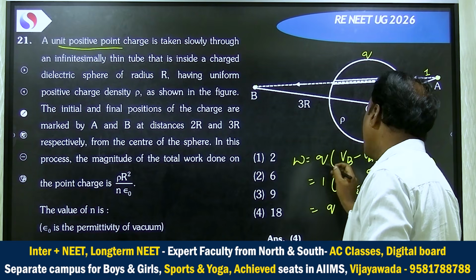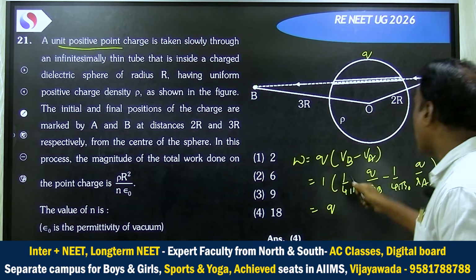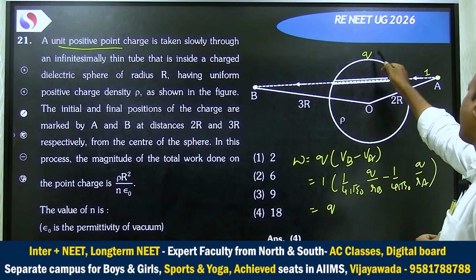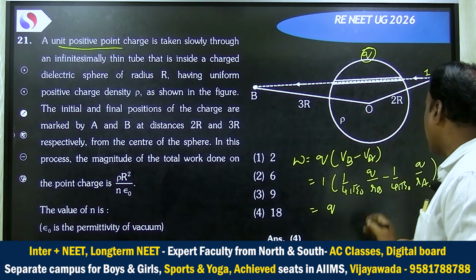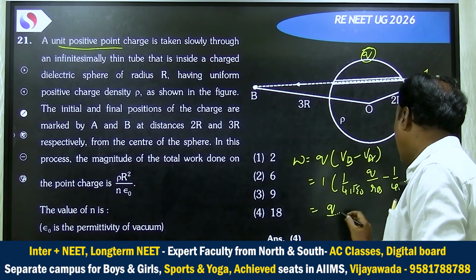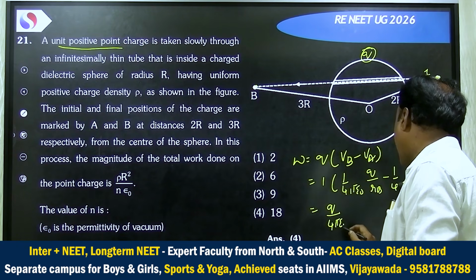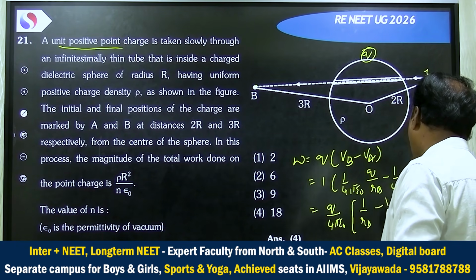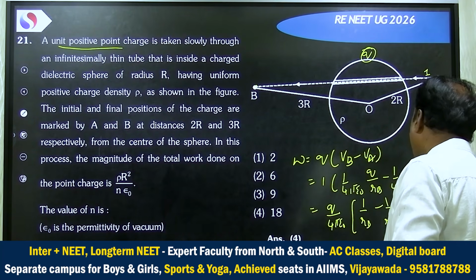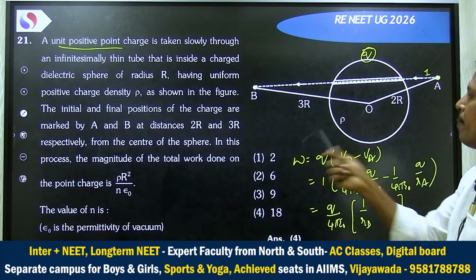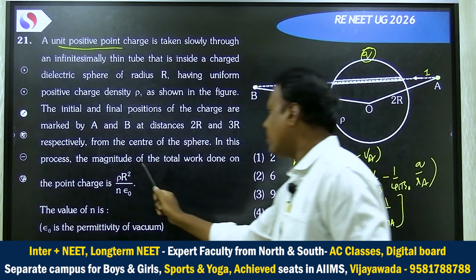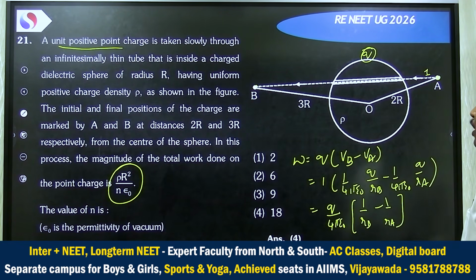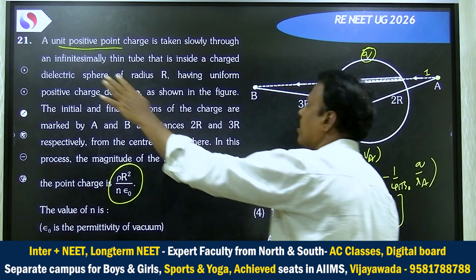So the charge moved was taken as 1 and the Q in the potential term is taken as the Q of this particular sphere. Okay, Q common and 1 by 4 pi epsilon naught common. Here you have 1 by RB minus 1 by RA. Okay, but the given answer is in this form. So in order to convert that, we need to go for substitution.